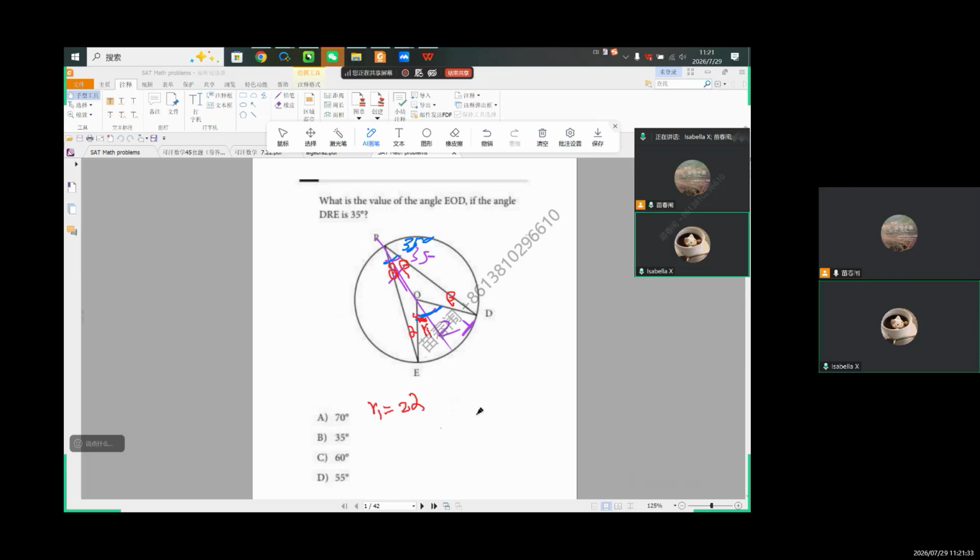I don't understand. An external angle is the sum of the two non-adjacent angles. Do you remember that? I can prove it. This angle plus this is 180, right? Yeah. But this plus that is also 180, so they must be the same.